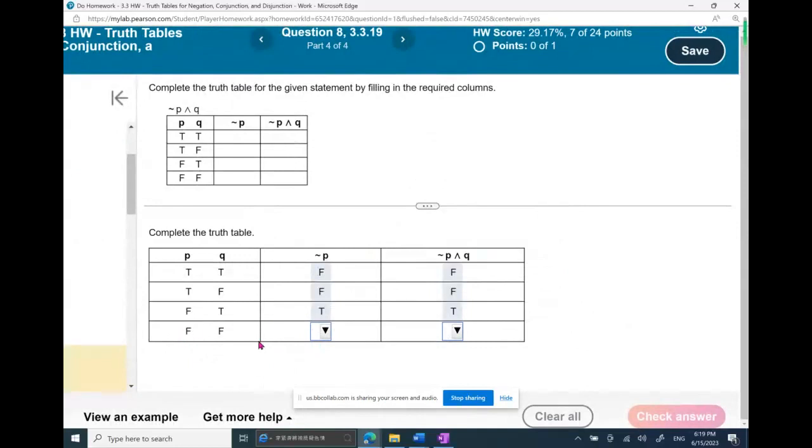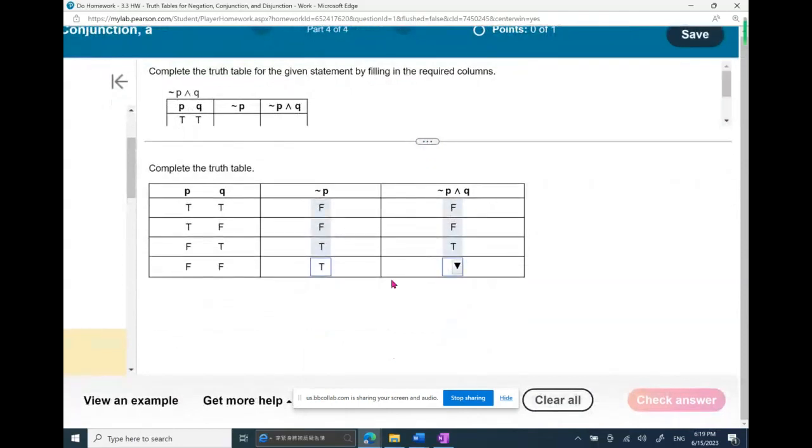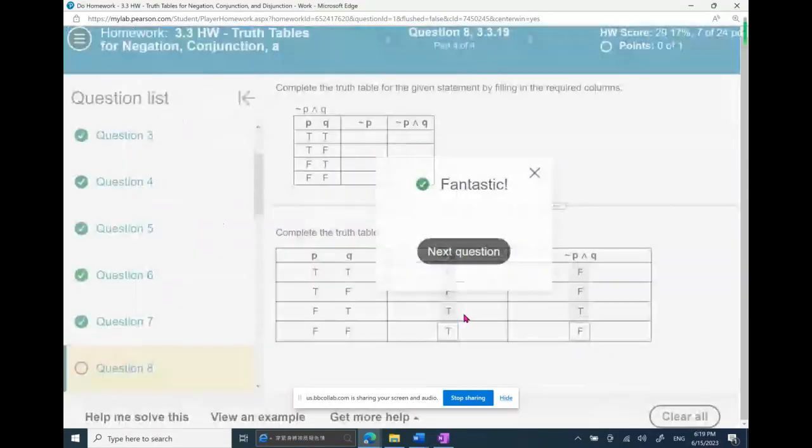When P is F, not P is T, and Q is false, so the conjunction is false. Why is the conjunction false? Because one component is false. It cannot be true. In order to be true, both components have to be true. And that's it. You see that?